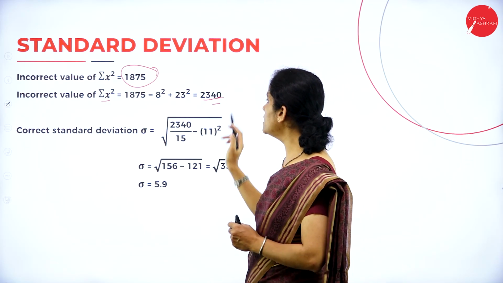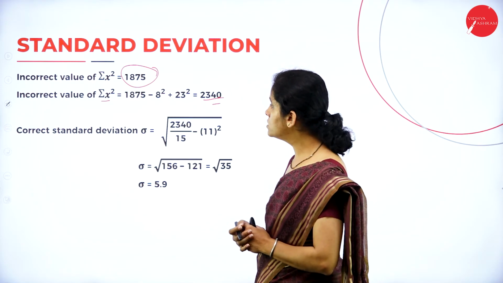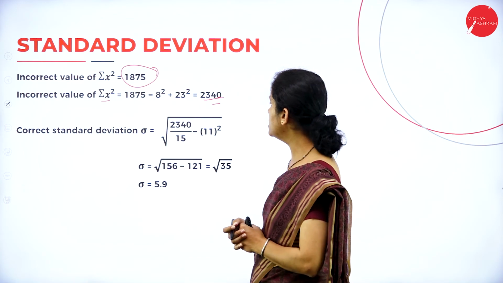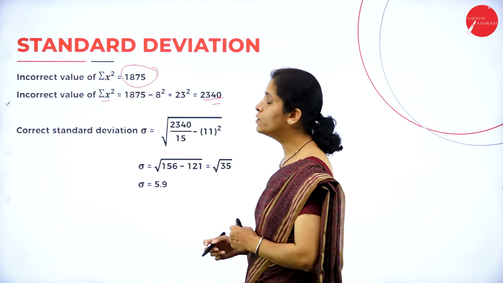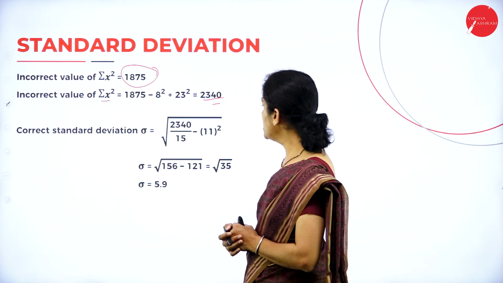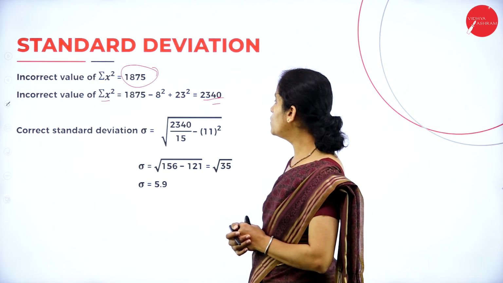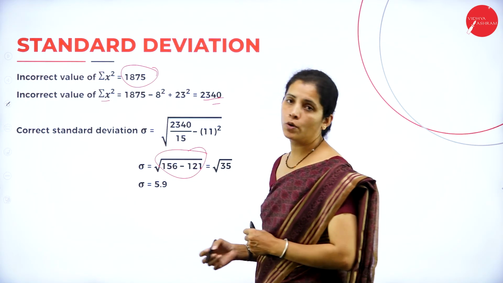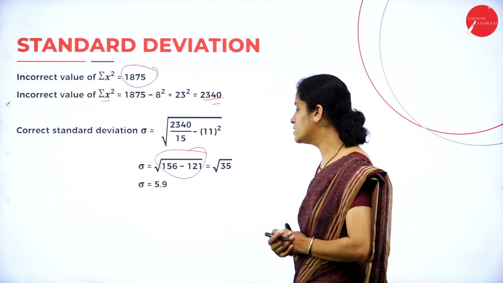It is nothing but 2340, and the correct standard deviation here is the square root of 2340 divided by 15 minus 11 whole square. When I simplify this, I'm going to get the answer square root of 35.